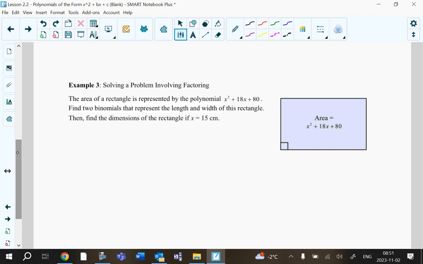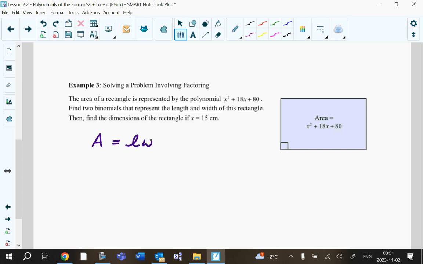I need to find the dimensions of the rectangle, the length and width. Well, how do I find the area of a rectangle? Base times height, or length times width, right? So the area of a rectangle is length times width.